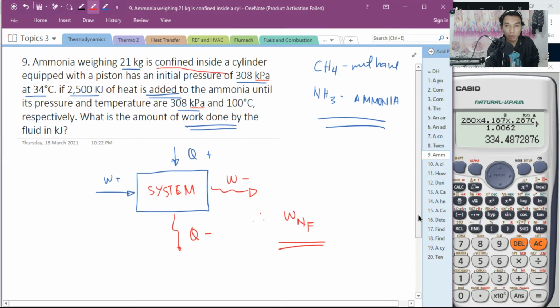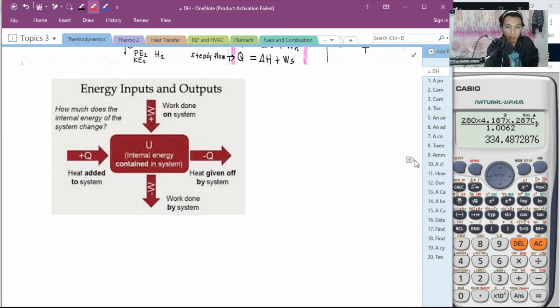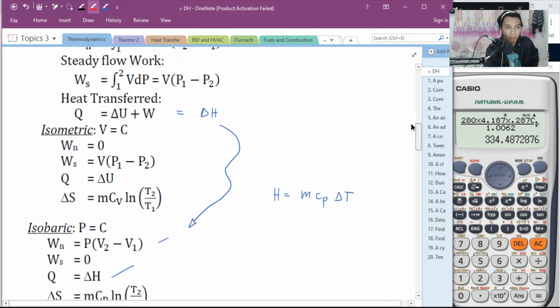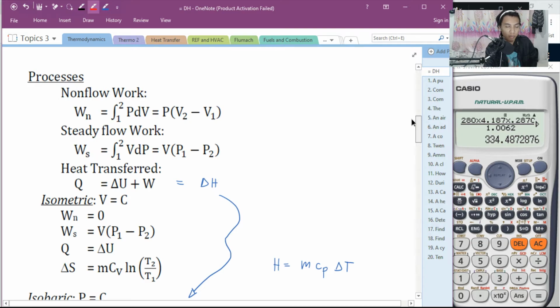Going back. Kapag work non-flow, ito yung formula mo. For work non-flow, volume ang nagbabago. Then, pag work steady flow, the volume is constant and pressure ang nagbabago, parang baliktad.